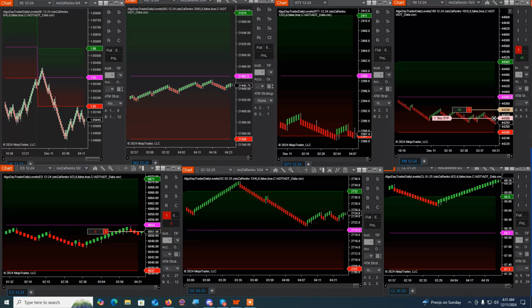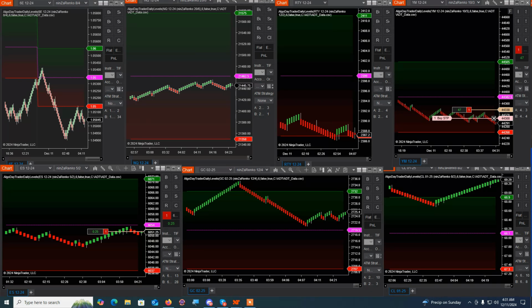This indicator, the daily levels indicator, plots them on your chart. I highly recommend this indicator. It will save you a lot of time and aggravation. I used to paint them manually on the chart until Ryan, God bless him, created this indicator, and now it does everything for me.